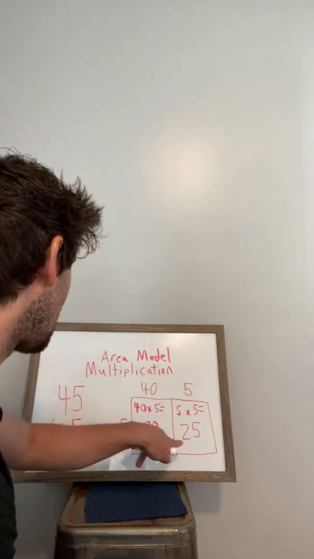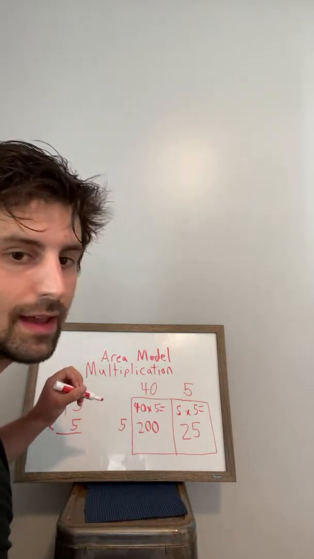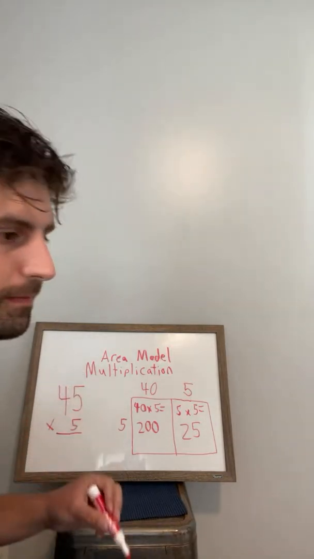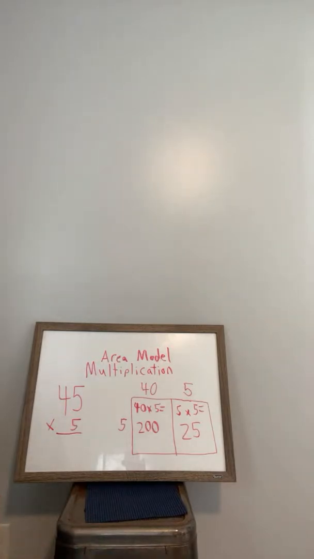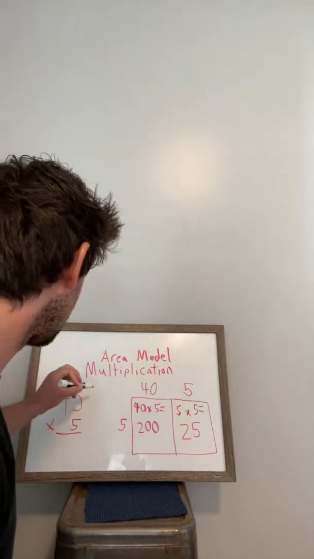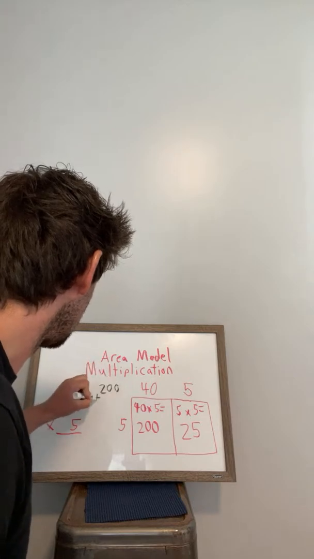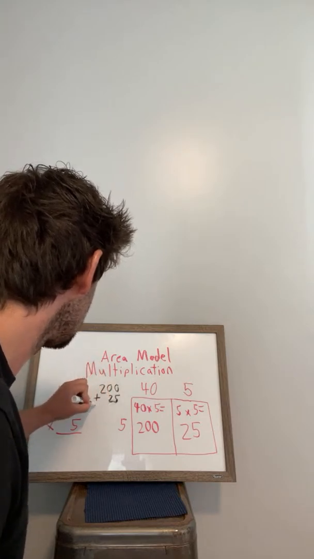So now I have to add the area of these two boxes together to get my final answer for 45 times 5. So it stands out a little more, I'm using another different color marker here. Alright, so 200 plus 25.